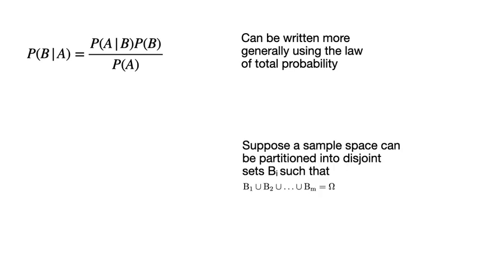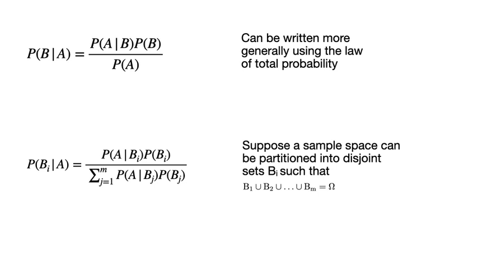Remember this? We take a sample space, break it up into a bunch of disjoint sets. So if I note the idea that there are many possible B's, right? There's different B's we could be looking at. This is a particular B, B sub i. So the probability of B sub i occurring given A is equal to the probability of A given B sub i times probability of B sub i, right? We just flip this around.